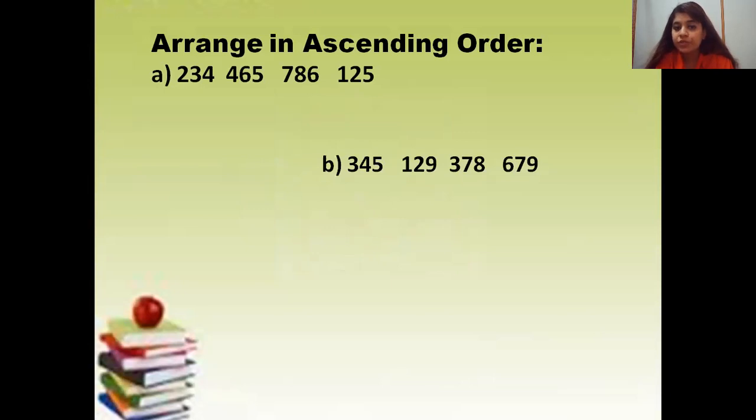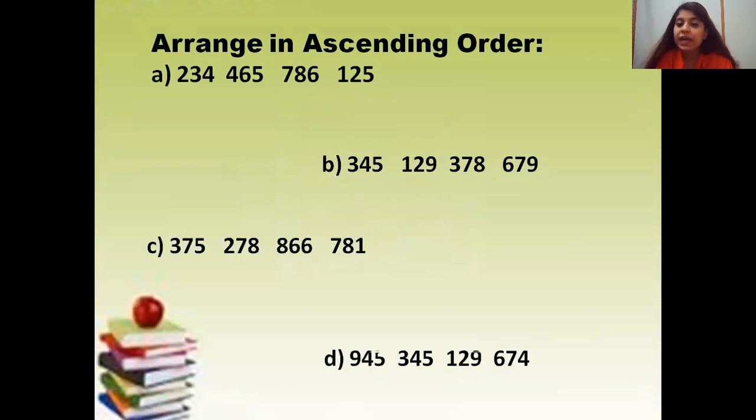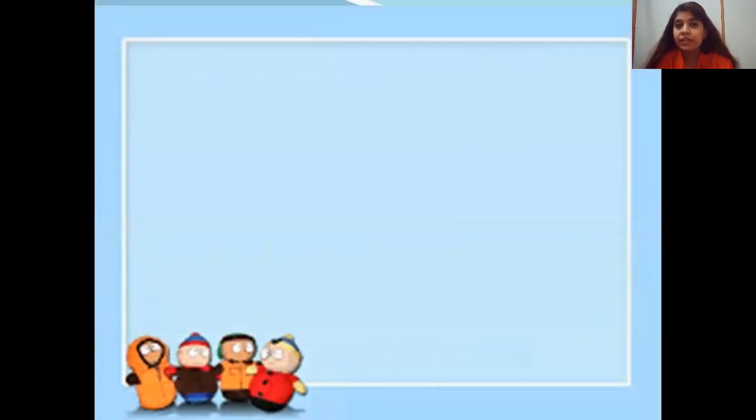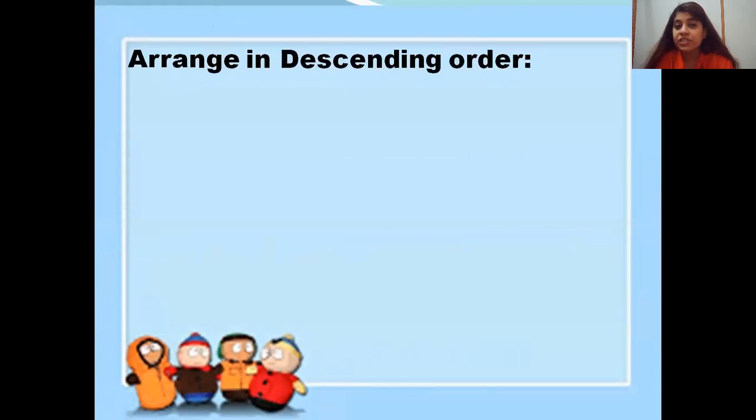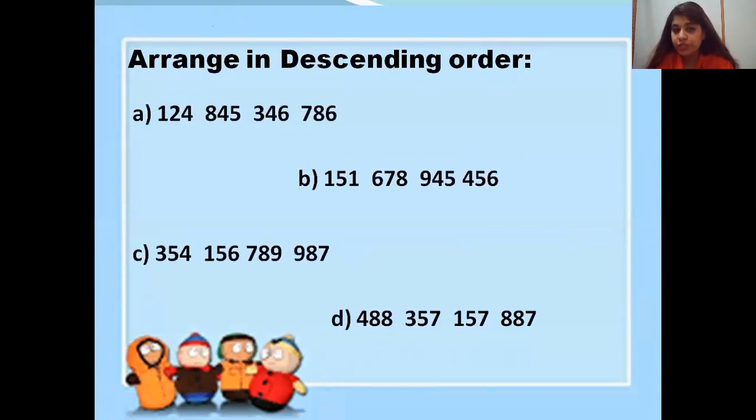I have 4 questions, and you have to arrange them in ascending order. Similarly, I have one more slide where we have to arrange them in descending order. In this also, I have 4 questions, and you have to do it in your notebooks and then show it to somebody who's there with you.